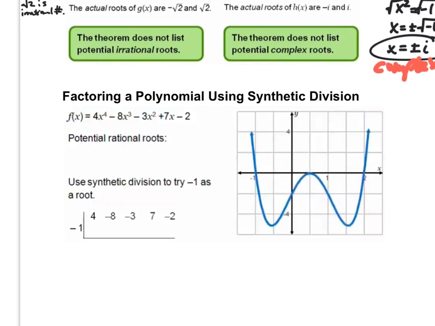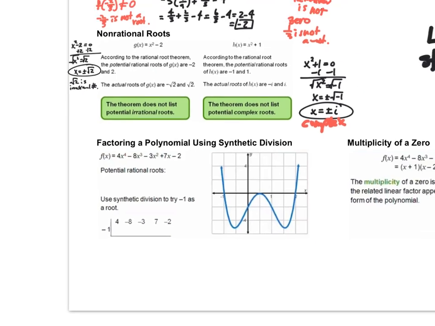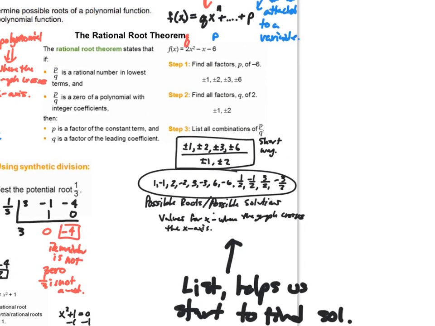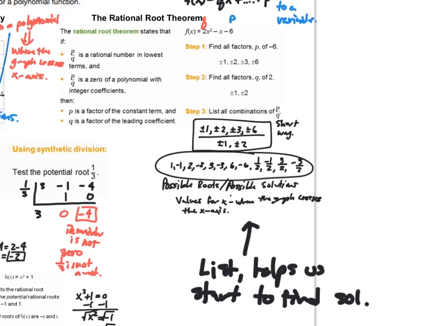So what I first want to do is go ahead and list off the possible roots. Let me double check the P over Q, and Q is first.